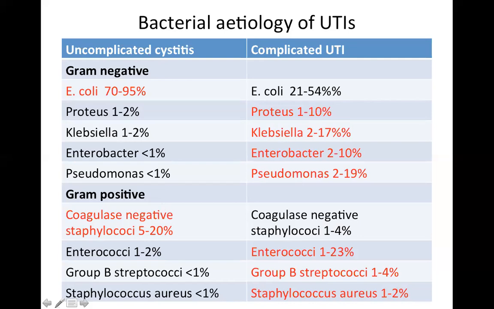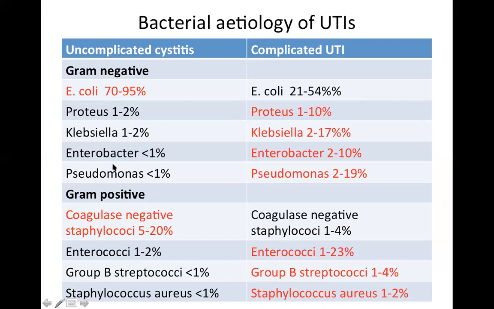Before that, as I told you in my case, there is a difference in the spectrum of microorganisms causing complicated and uncomplicated UTIs. In uncomplicated UTIs, the commonest organism under the gram-negative category is E. coli, and in the gram-positive group, coagulase-negative staphylococci.